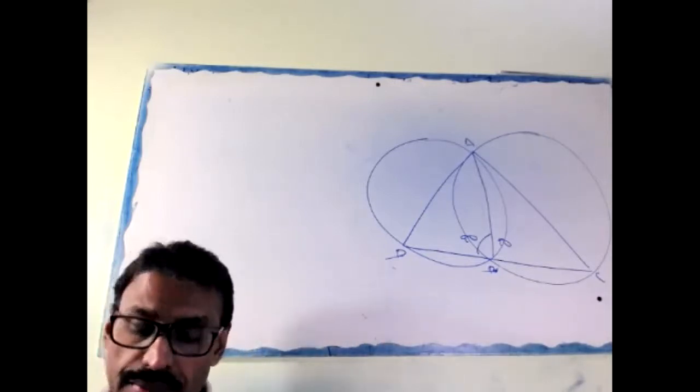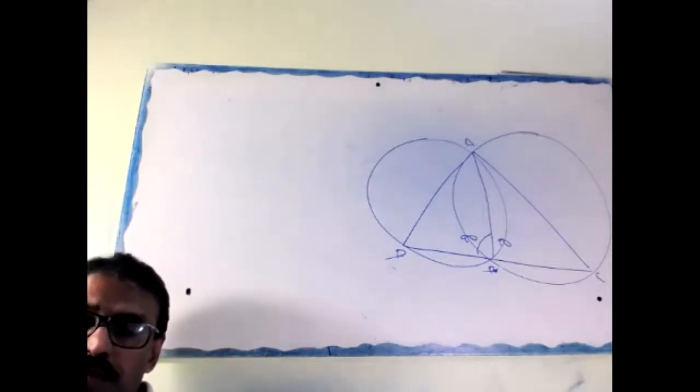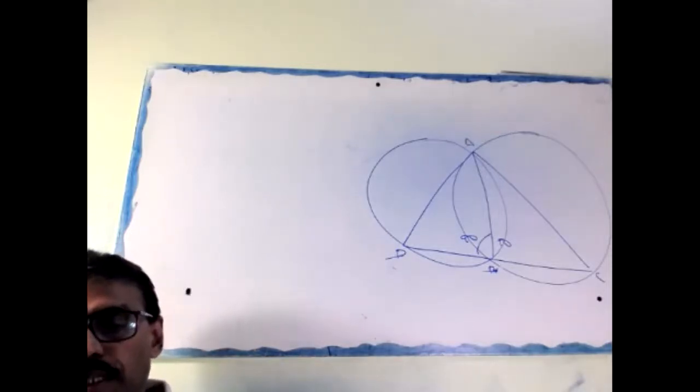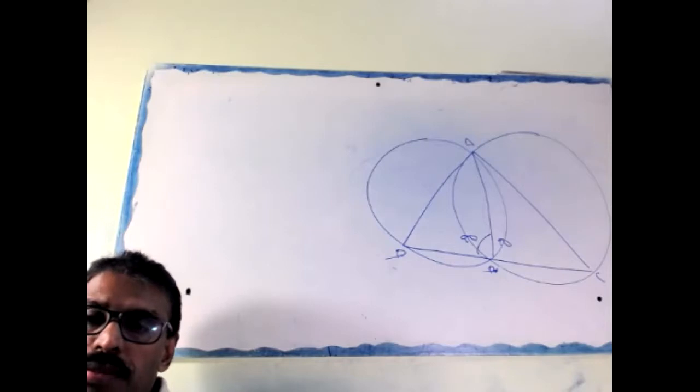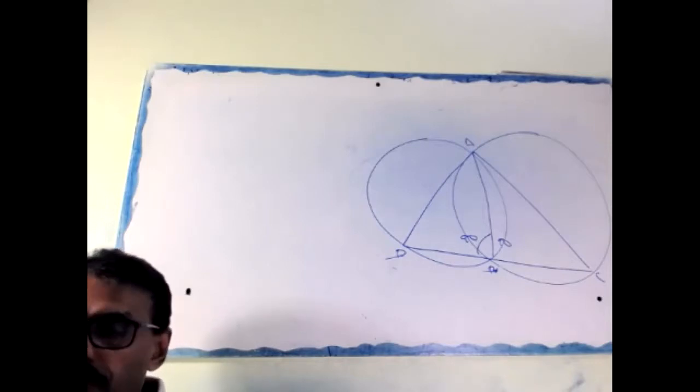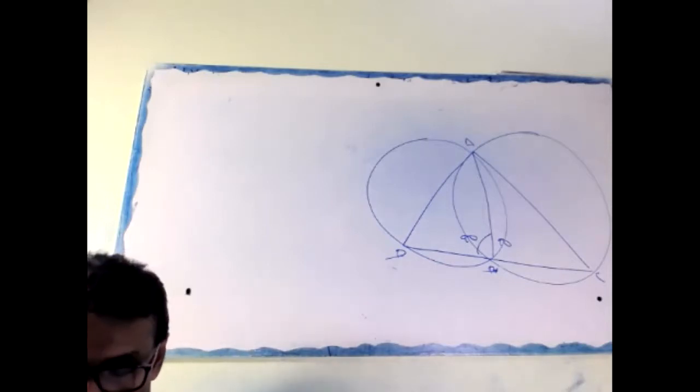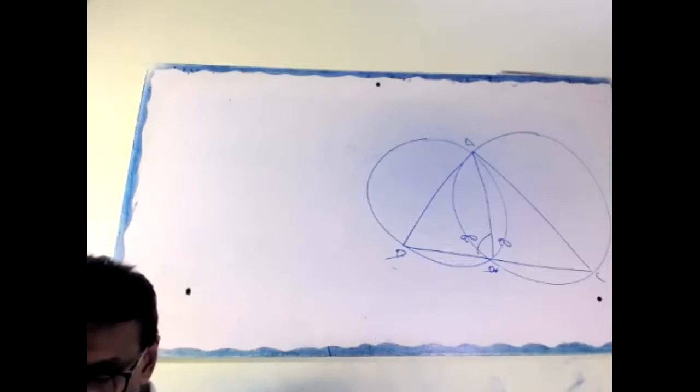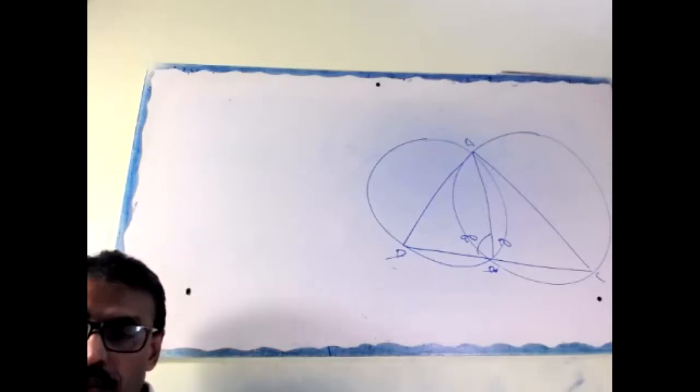Once again, the radius of a circle is 13 centimeter and the length of one of its chords is 10 centimeter.